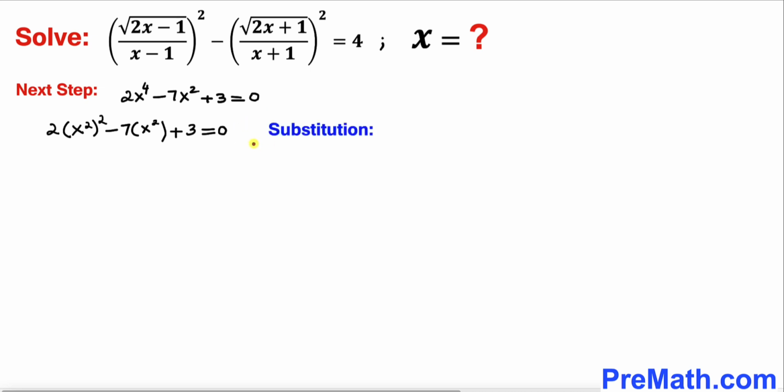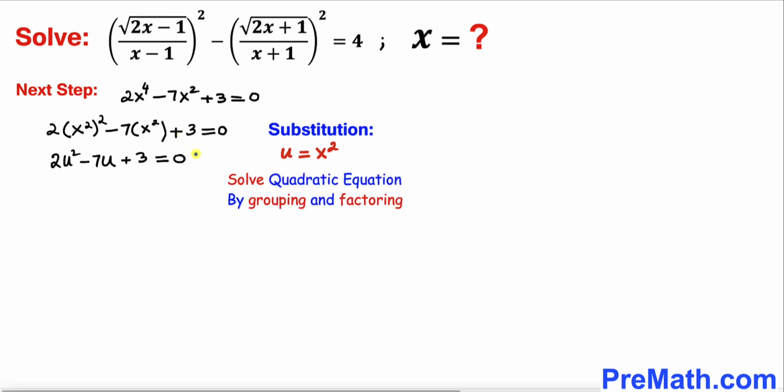Now to make things simple, let me go ahead and substitute this x squared by u. Likewise, this x squared by u as well. Therefore, I can let u equal to simply x squared. Then this equation is going to become 2u squared minus 7u plus 3 equal to 0.